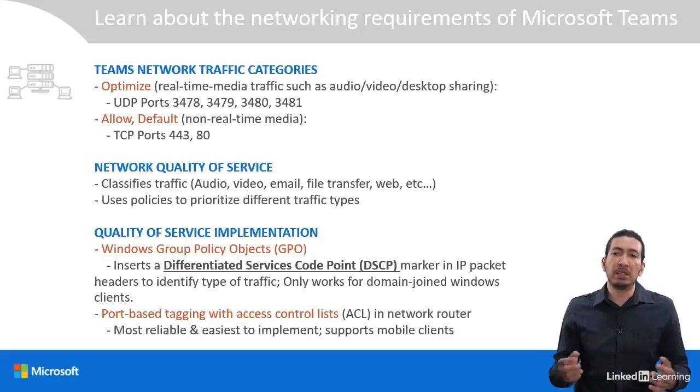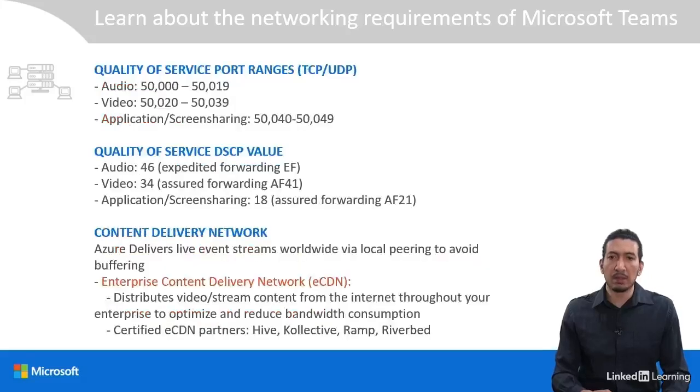In this method, the network router examines incoming packets and their ports and puts them in the queue they belong in, depending on their priority. Excluding web browsers, Teams client will use ports 50,000 to 50,019 for audio, 50,020 to 50,039 for video, and 50,040 to 50,049 for application or screen sharing.